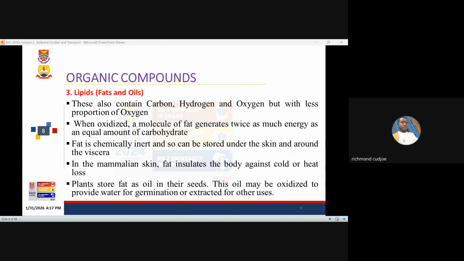Another difference is that fat is solid at room temperature, and oil is liquid at room temperature. So that is what I can say. Okay. Emmanuel, do you want to add something?